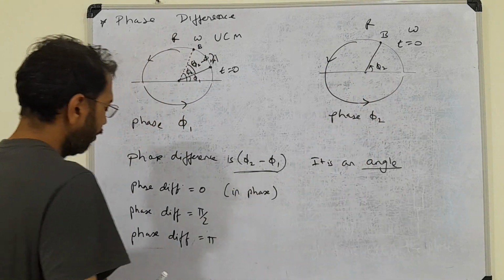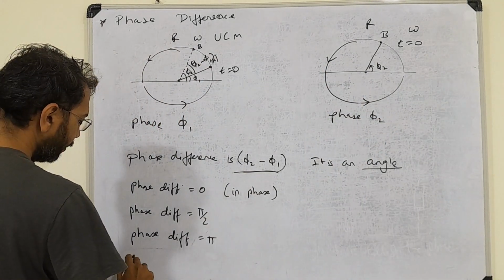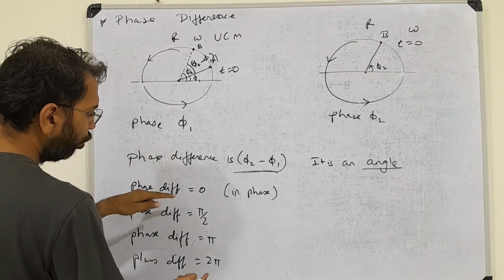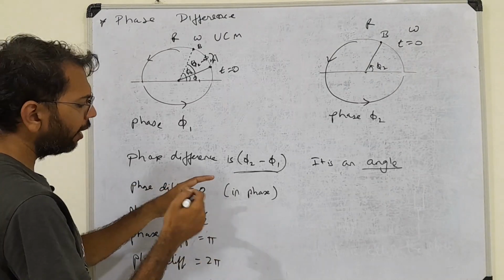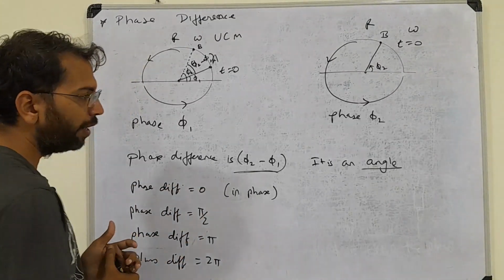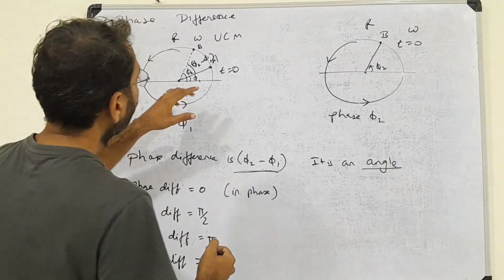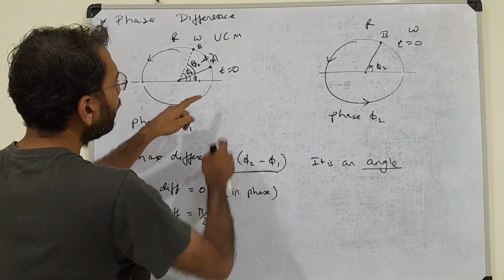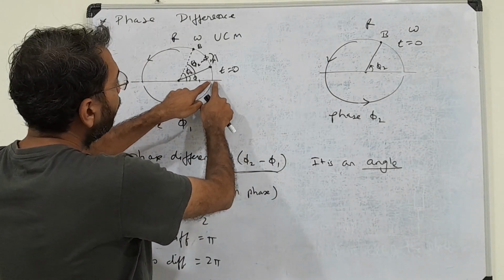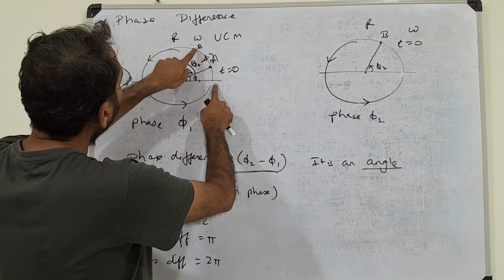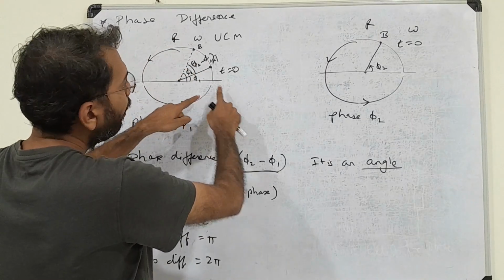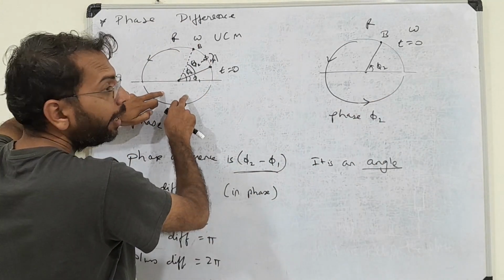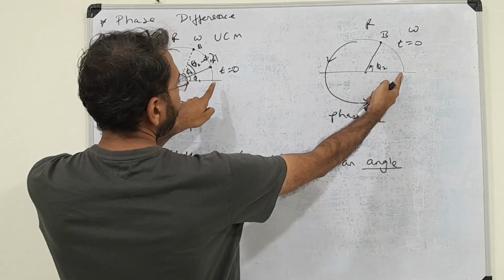Phase difference of 2 pi. By the way, 2 pi and 0 are roughly speaking equivalent, but what is the difference over here? If the phase difference is 2 pi, the difference is that when you start your stopwatch at time t is equal to 0, the particle A starts to move, for example, but the particle B will start to move after one complete revolution of particle A. So the motion will look something like this.